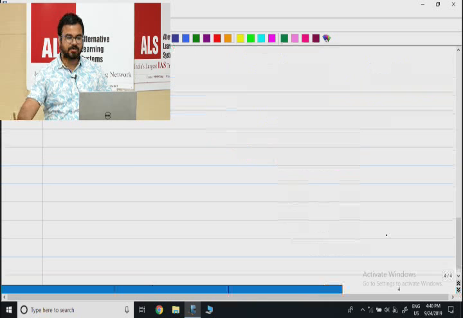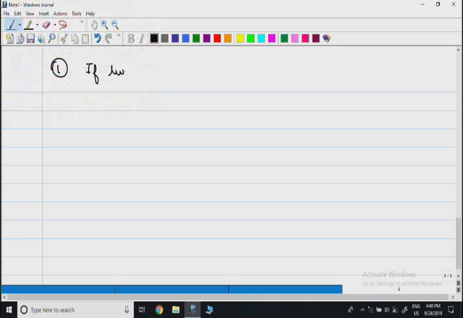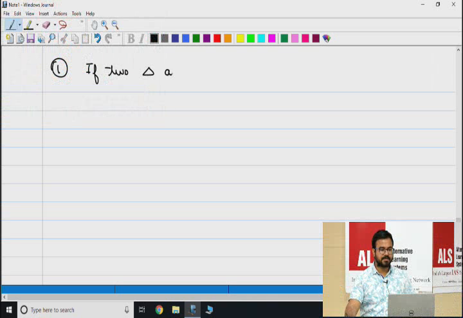So the statement goes like this. It is a proving type question basically. It says, if two triangles are equiangular, meaning they have the same angles, which means those two triangles are similar.